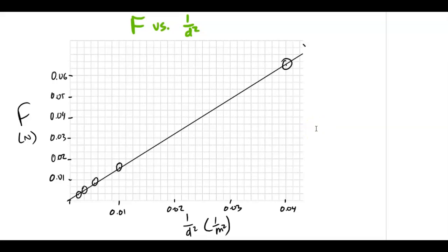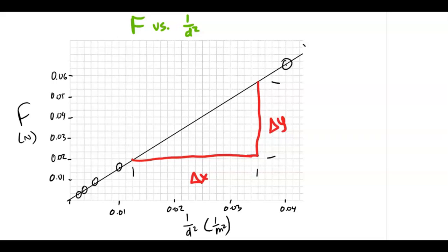So now that we've got our linearized data, we can find the slope. Again, finding points, I'm going to choose this point and this point. Again, we're looking for points that are not on the graph. Okay, and we're going to look for our delta y and our delta x. Y spans this spot, x spans this spot.